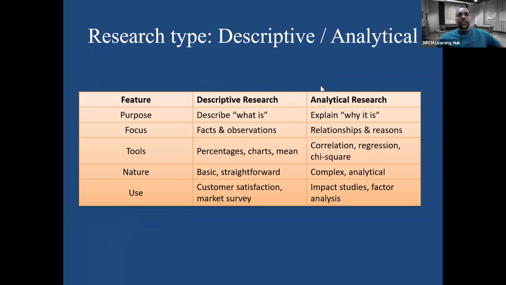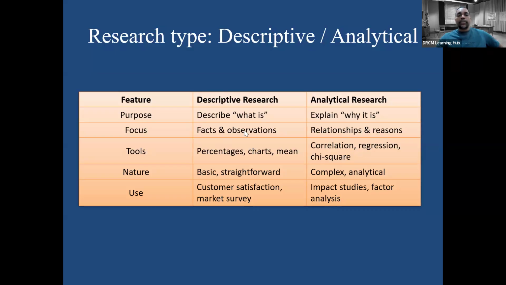Now, in the shortcut way, I need to explain: descriptive clearly describes what is. Descriptive research means you are explaining what it is. Why it is, that means analytical. That's why you need to understand here. Here we will use percentage charts. Here we can use correlation, regression, chi-square to understand cause and effect relations. That's why relationships and reasons.